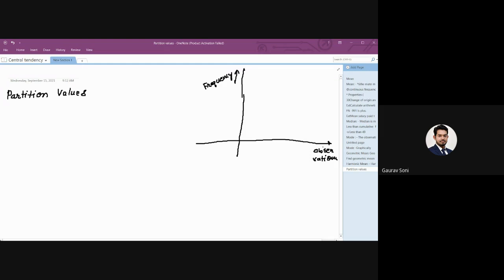I will plot the data and we get a curve something like this.